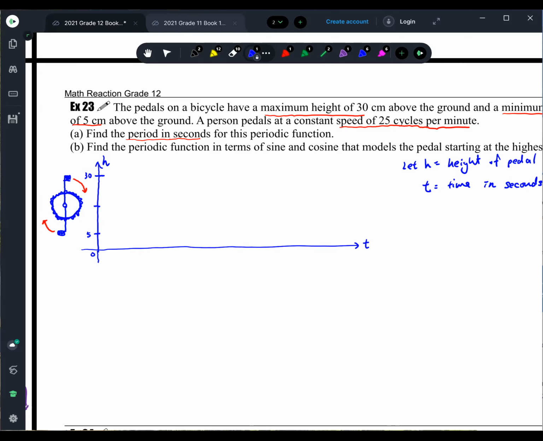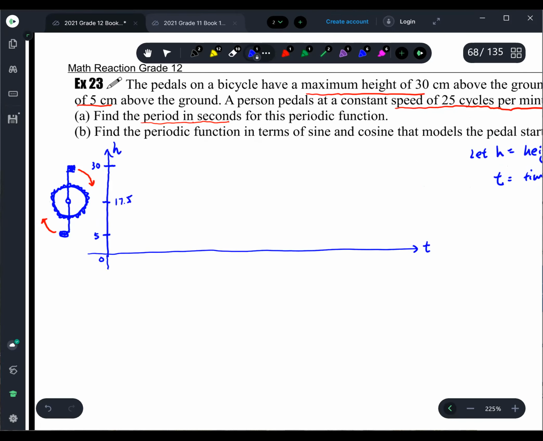All right, so Lily, what number did you get for the center? 17.5. Can you say that again? 17.5. Okay, let me write that down. 17.5. How about Angela? What do you have?